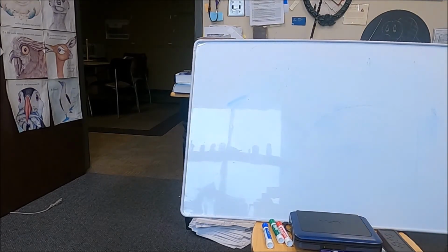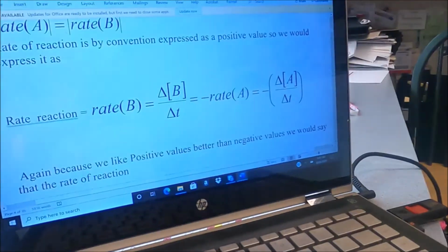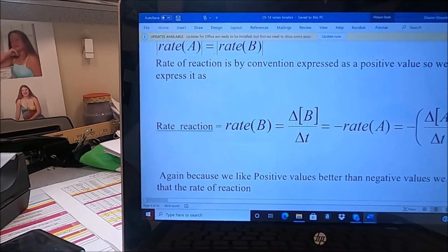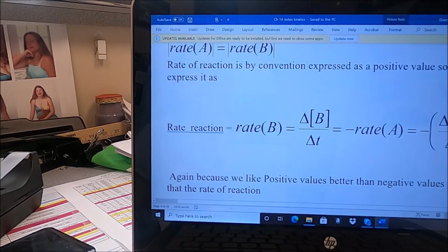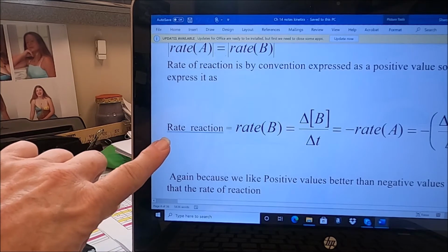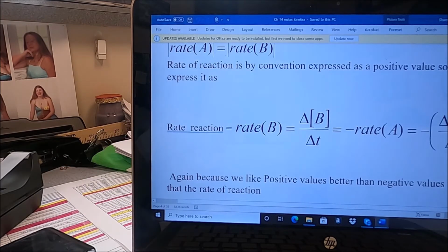Okay? So let's look at this for a minute. If I want to express the rate of a chemical reaction, and I want to do it in terms of positive numbers, then I could say that the rate of the reaction just equals the rate of change of B, which is a positive value, the change in B as a function of time.